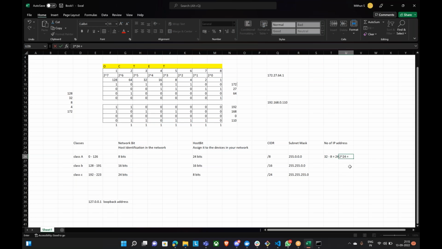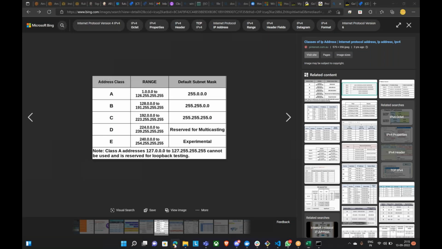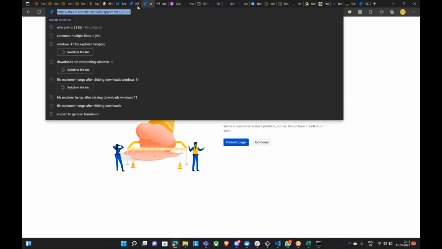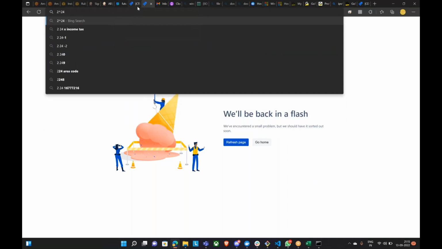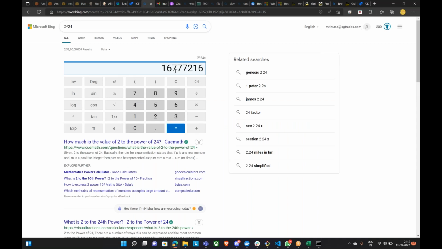Can anyone quickly calculate what is 2 power 24? Okay, let us calculate here itself. One second. 2 power 24 is this.